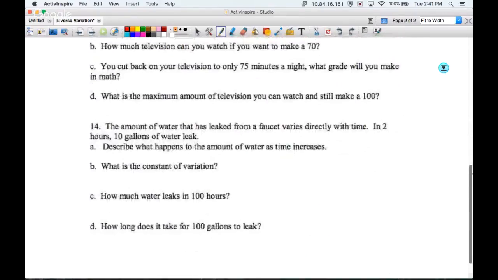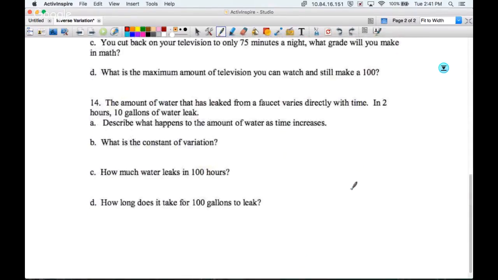Let's just do one more, something with direct variation. The amount of water that's leaked from a faucet varies directly with time. In 2 hours, 10 gallons of water leak. So if it's direct variation, the water that is leaked, we'll call that x. Time will be y, and we know that y over x equals some constant k.